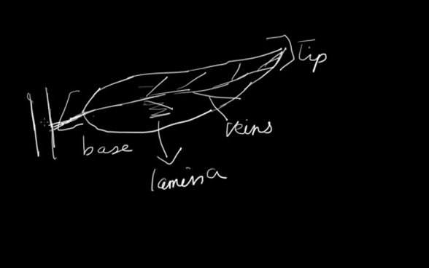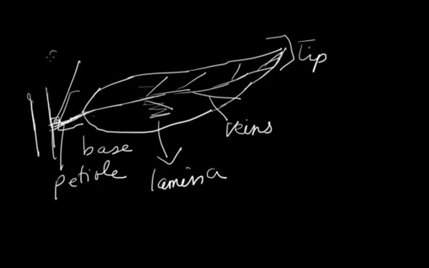And of course in most cases there will be a stalk which connects the leaf to the stem. This stalk is called the petiole. And again, in most of the plants there will be a bud which we see at the junction between the petiole and the stem.